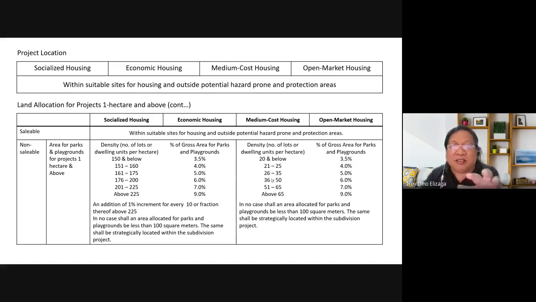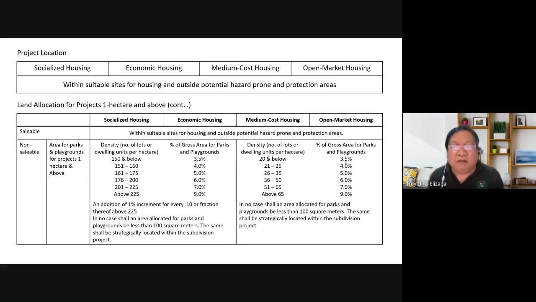So you divide that area, say 2,800 square meters, by the minimum area for each lot for single detached, and you get so many lots. We do the same with the others and add them all up, and if it comes to 20 and below, then you only need to provide 3.5% for the parks and playground.